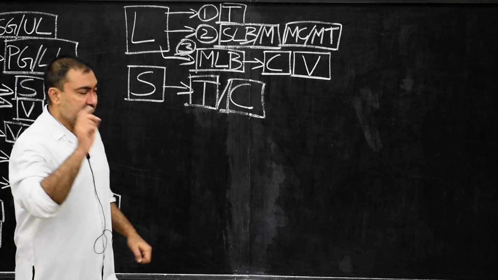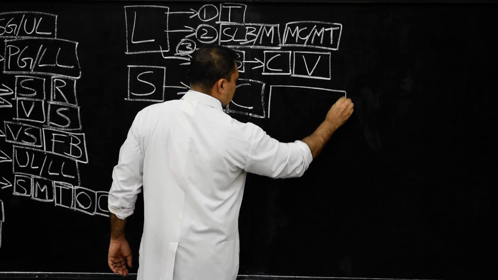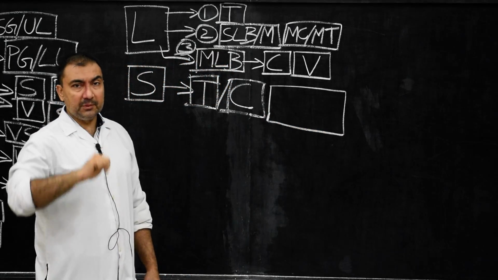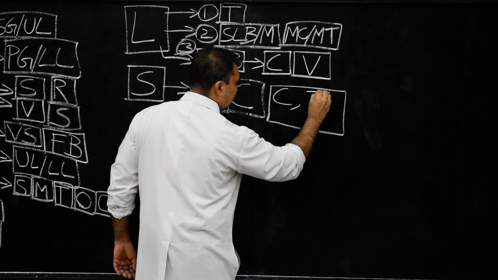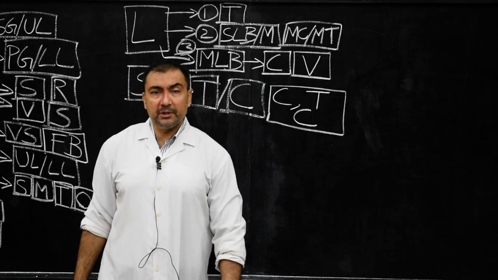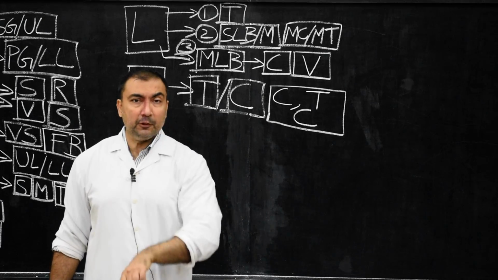Except, this is very important, this is an MCQ question, except certain bones which will start their ossification before birth. Which are they? They are calcaneus, talus and cuboid. The calcaneus, talus and cuboid bones, which are the tarsal bones of the foot, will start their ossification before birth.